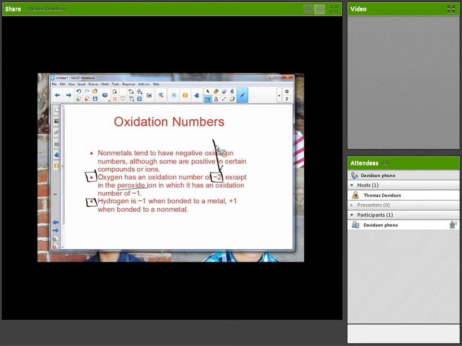If you have to memorize something, memorize oxygen is always -2, because we're going to use that to find out what everything else is when we're at a loss. Hydrogen is a -1 when bonded to a metal, and +1 when bonded to a nonmetal. It's a +1 in NH3, but we don't deal with the other case very often.